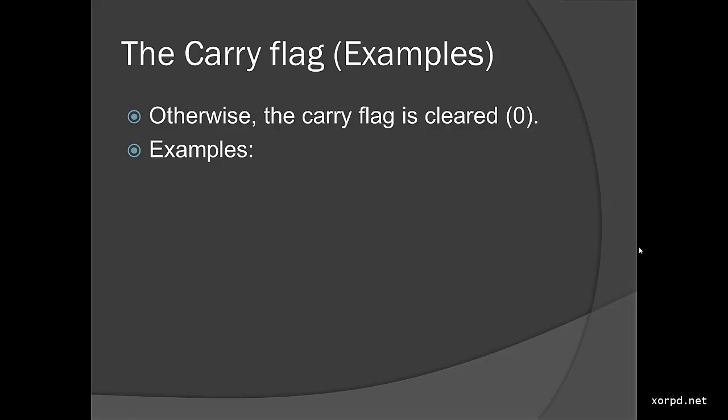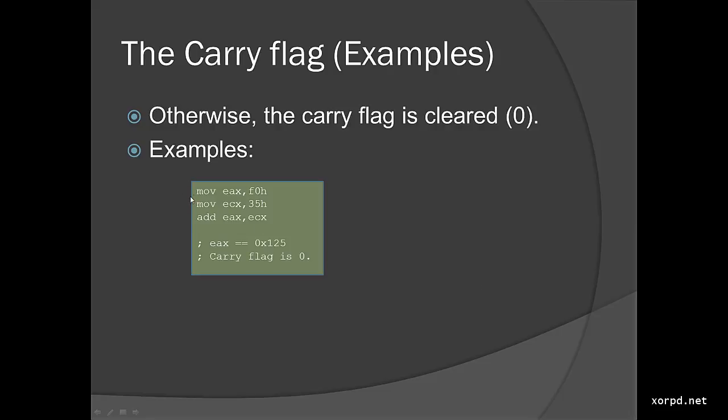Let's look at some examples. First, we have this example. We set EAX to be of value F0, and then ECX to be of value 35 in hexadecimal. And then we add those two numbers. We get that the result is going to be 125 in base 16.